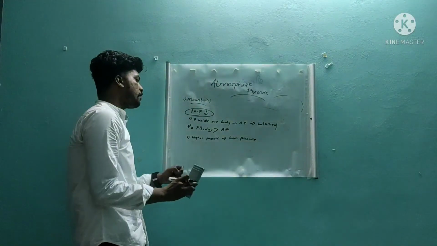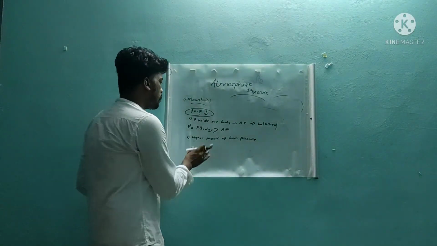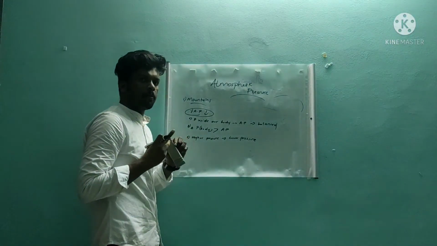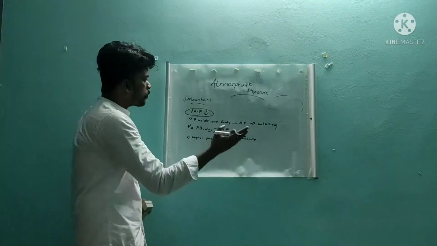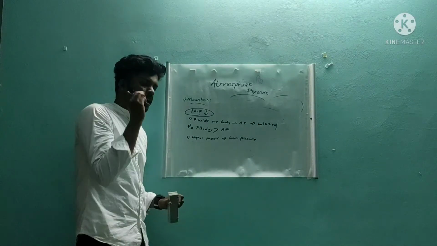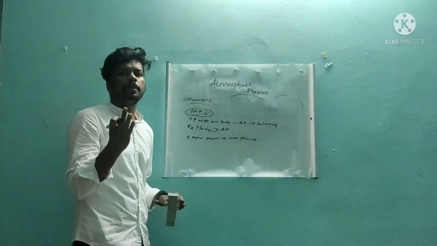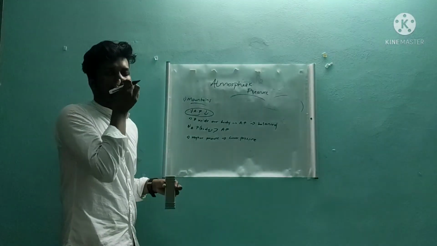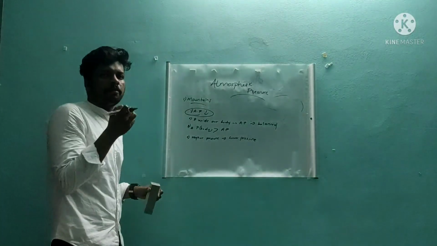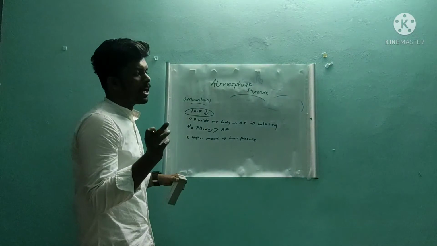When pressure moves from higher to lower pressure, what will happen? Pressure inside our body will move to the atmosphere. We know that the veins inside our nose and ears are very sensitive, so they will break first. So blood will come first from the nose, and yes, that is the reason.